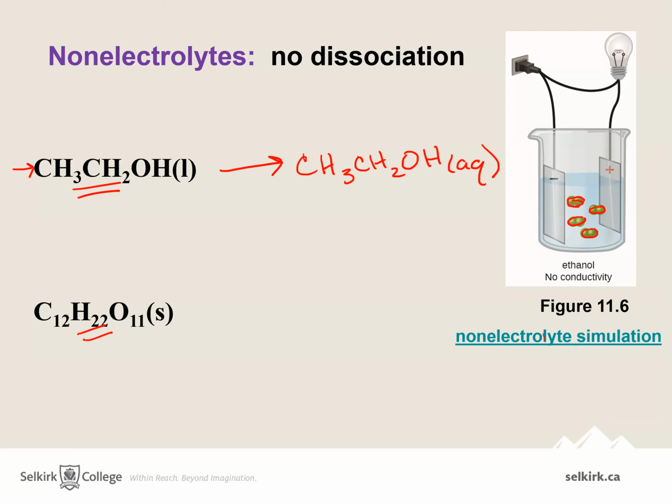The first question I always ask myself is, is it ionic or is it covalent? There's only nonmetals, it's covalent, it's made up of molecules. So what's going to swim free are sugar molecules. When you dissolve sugar in your hot coffee, the molecules are still sugar molecules, they're just separated by water molecules.